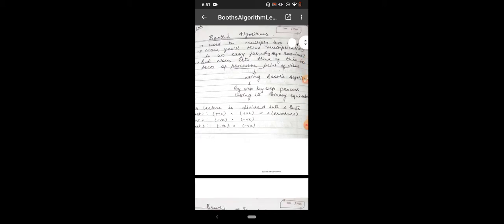The lecture is divided into 3 parts. Before going on, we will first discuss what Booth's algorithm is. Booth's algorithm is used to multiply two numbers. Now you will be thinking, multiplying two numbers is a very easy job, what's the big thing about that? Now think about multiplying two numbers from the processor point of view using Booth's algorithm.